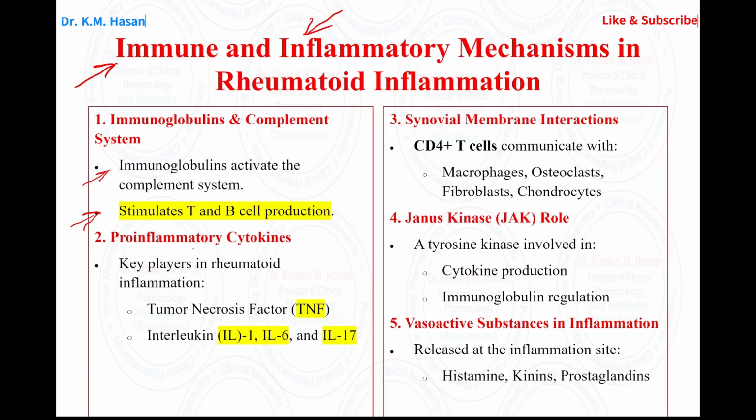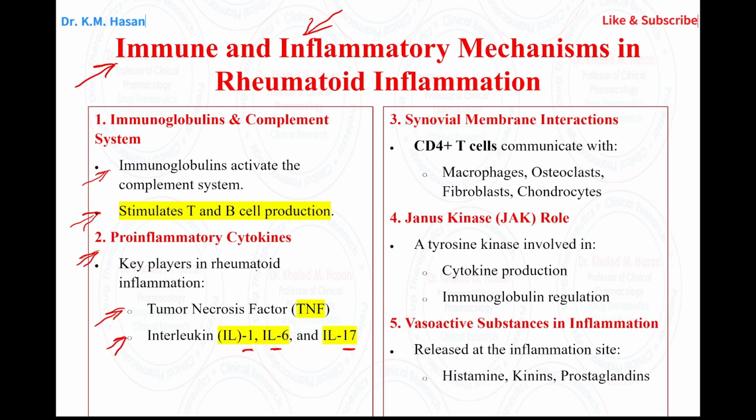Also, this will involve the activation of cytokines, especially tumor necrosis factor alpha, and we have interleukins, especially three main interleukins involved in rheumatoid arthritis: interleukin 1, interleukin 6, and interleukin 17. So these interleukins will be targets for our treatment.